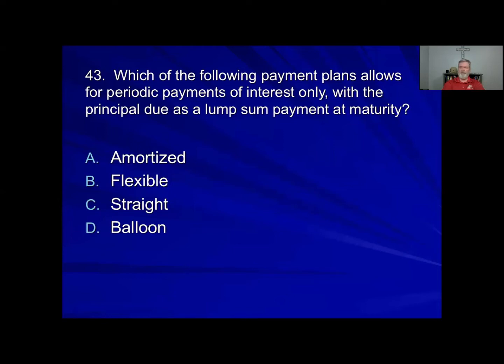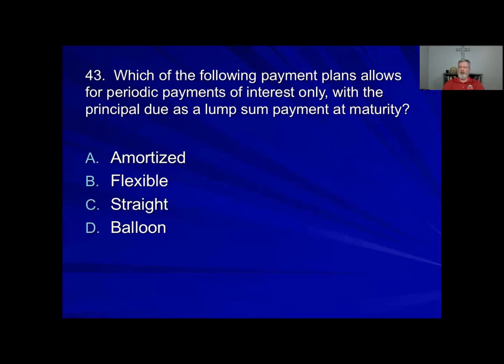Amortized, well, that's not, because we know an amortized loan includes both principal and interest. Flexible loan, never even heard of that. By the way, I think I've said this before, but if there's an answer that does not look familiar, that we haven't seen or talked about, chances are I'd stay away from it. Probably a reason we haven't seen it or talked about it, right?